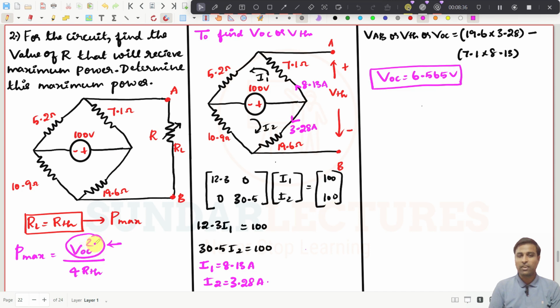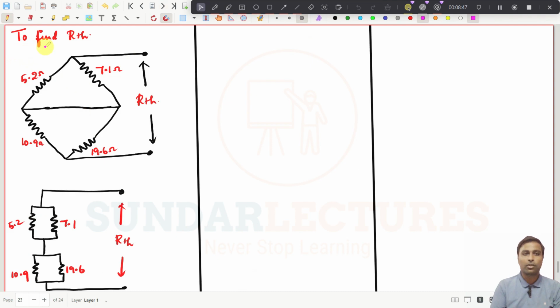We have found what VOC is. Then you need to find the value of RTH. To find RTH, you need to short circuit the voltage source. We have short circuited this one, and we need to find the resistance between these 2 points. See how these two resistors are connected: these 2 points are connected, and also these 2 points are connected, so these two resistors are in parallel.